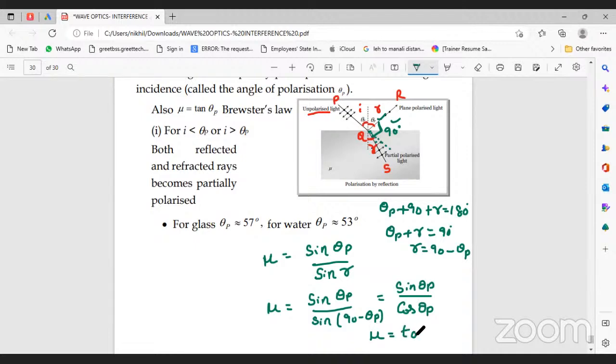So what is sine theta p by cos theta p? So tan theta p. So tangent of the polarizing angle is equal to what? Refractive index, right? Yes, sir.